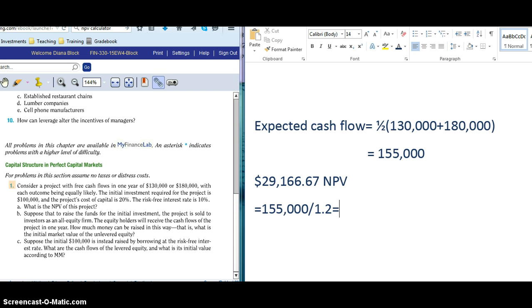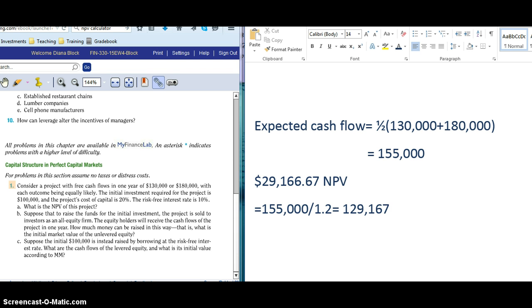That's going to tell us our equity value. And that comes out to 129,167. So that would be our answer for part B if we were trying to get how much money can be raised this way. And remember, your question will be a little bit different, have some different amounts, but you're going to plug it in and follow the same format in order to solve it.